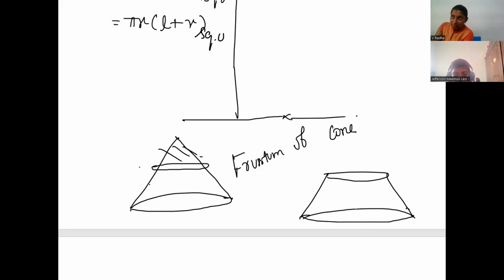Ma'am, some bowls are also shaped like that. Okay, there are many other examples besides bowls. Ma'am, I don't know. Bucket. Yes, ma'am. Keep it upside down and it looks like this. The narrow part is at the bottom and the wider part is at the top.